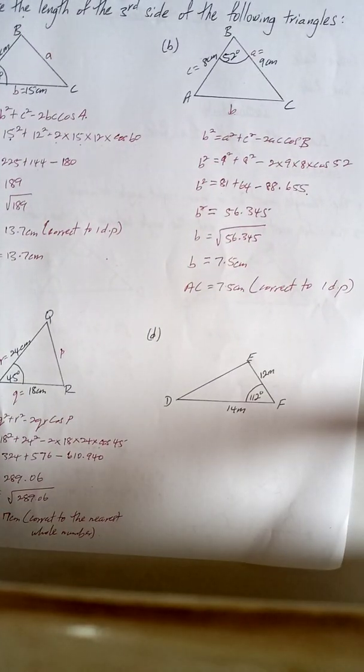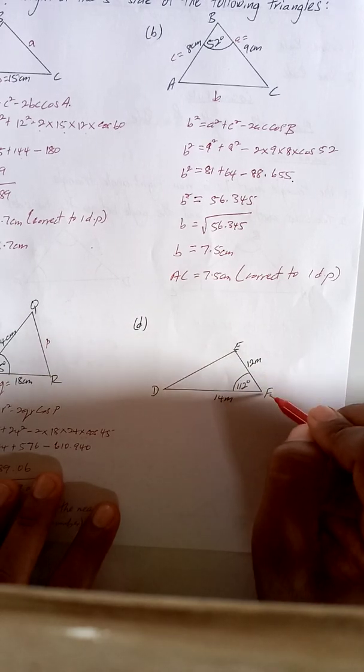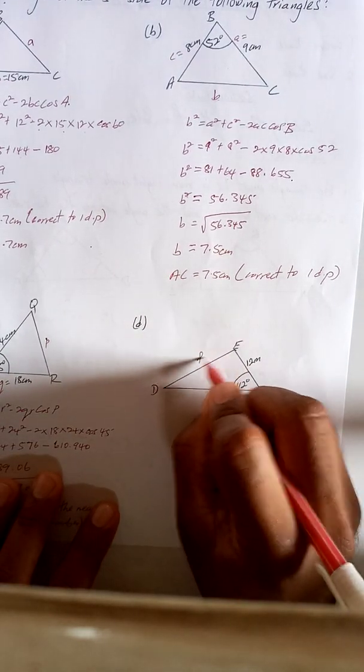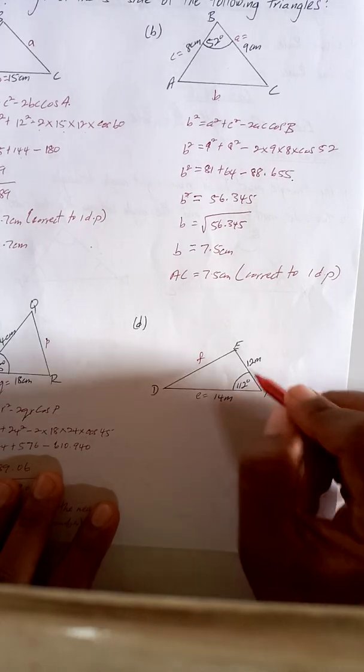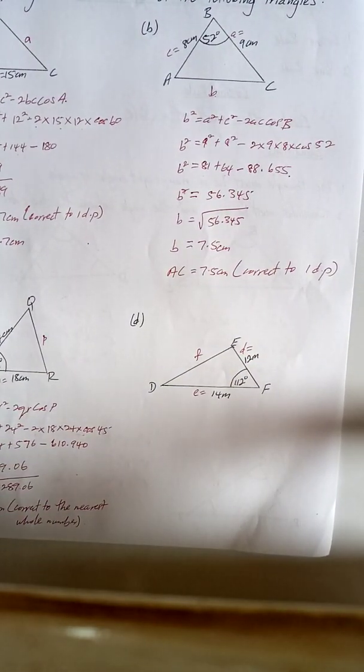Alright, so let us work on another problem. Opposite side we label in common letters. Since we want to find DE, we'll use the F formula.